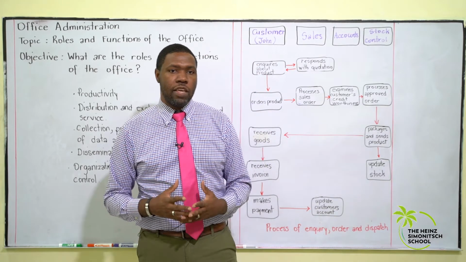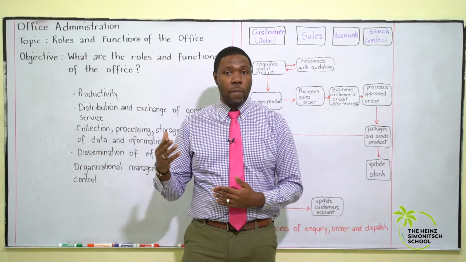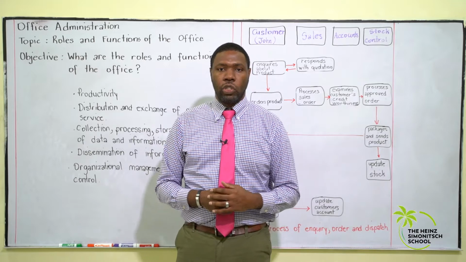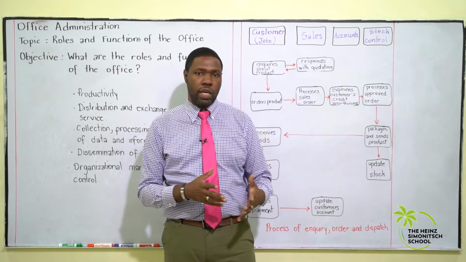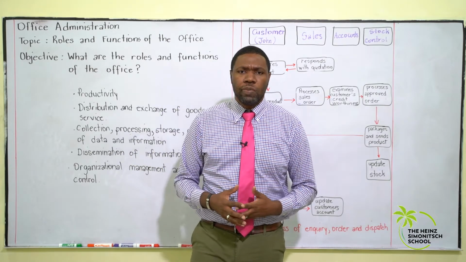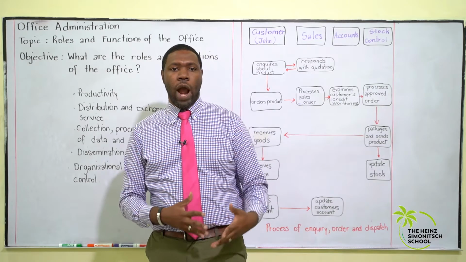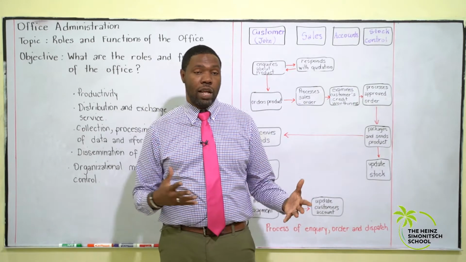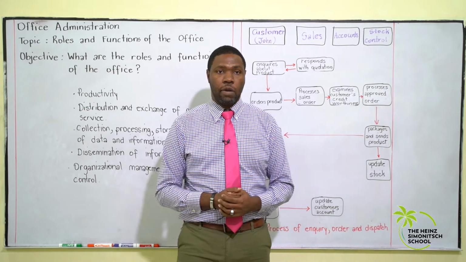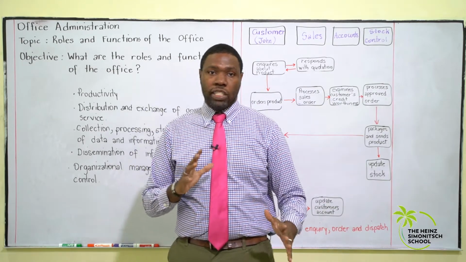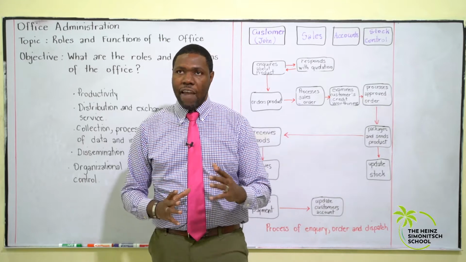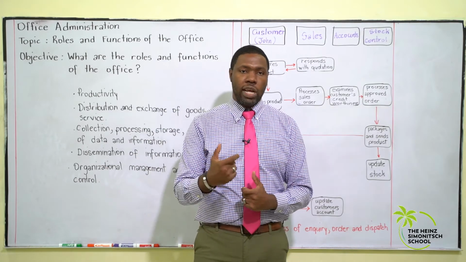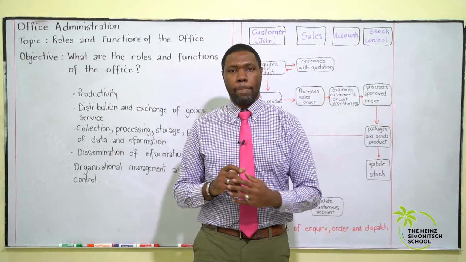This includes everything from receiving incoming calls and relaying them to the relevant departments so the customer can be dealt with in a satisfactory manner, to ensuring that the required supplies for efficient management are available when they are needed, right? So the organizational management includes everything that would cause the business to operate smoothly.